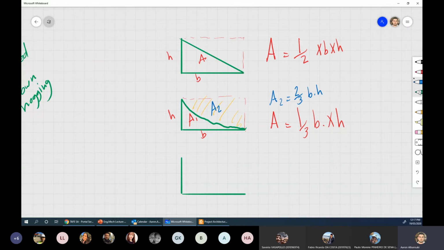So the same thing, if I have a second degree curve like this, and I'm asking for the area here, that is obviously A equals 2/3 of B by H. So it depends which one I'm asking you for, the smaller or the larger one made by a second degree curve. If the smaller is the third, the larger is the 2/3.